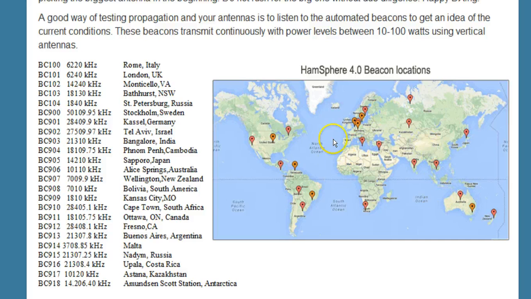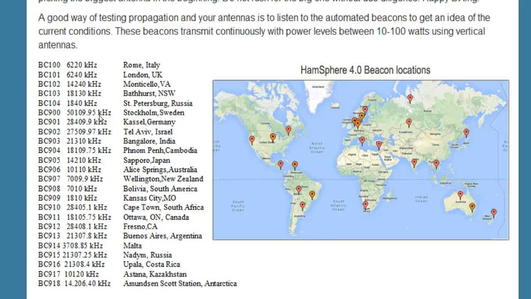It shows where they're located in the world, and these are transmitters, some of them pretty low power, many of them just Morse code transmitters, some of them like shortwave stations, and sometimes you can hear those beacons.